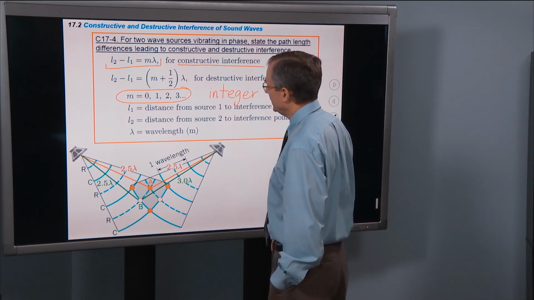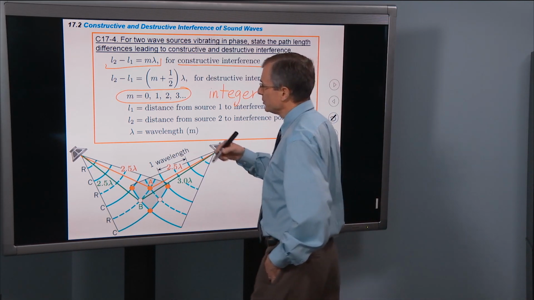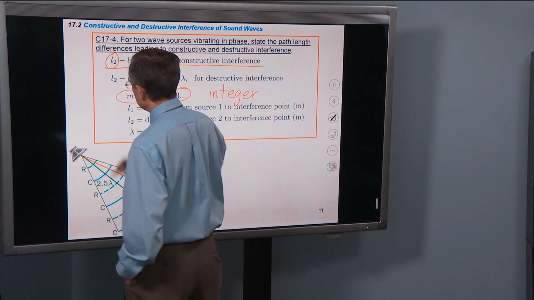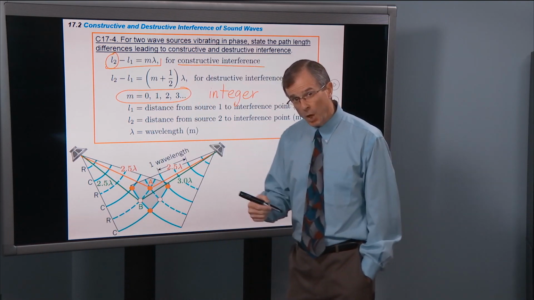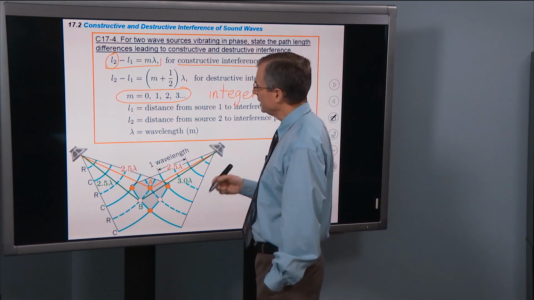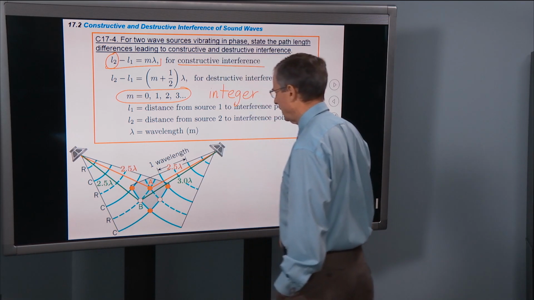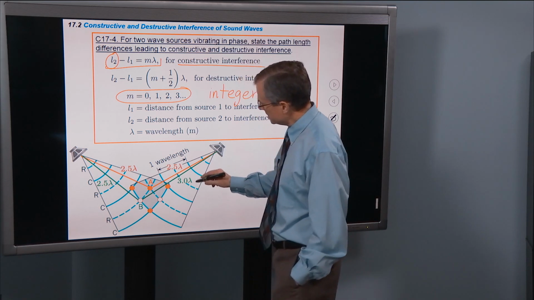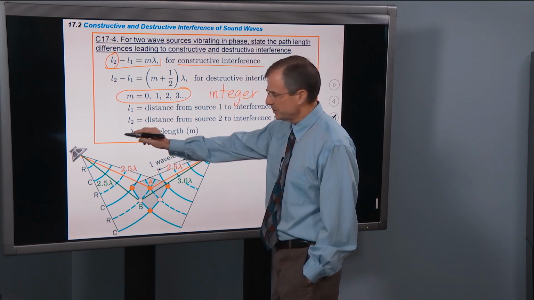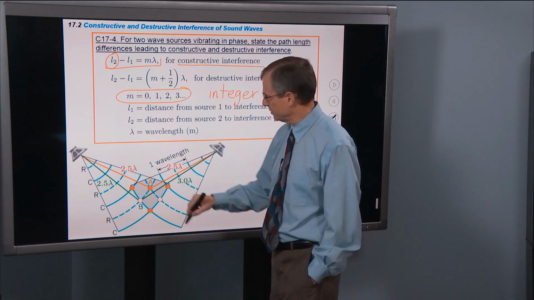And as a convention, we think of L2 being the longer of the two lengths. And what are L2 and L1? L2 and L1 are the distances from the two speakers to the point of interest.